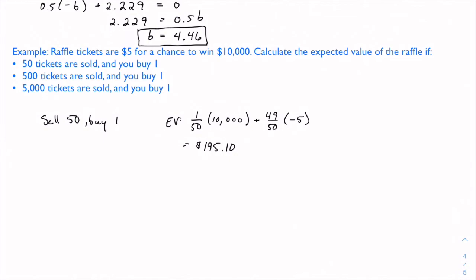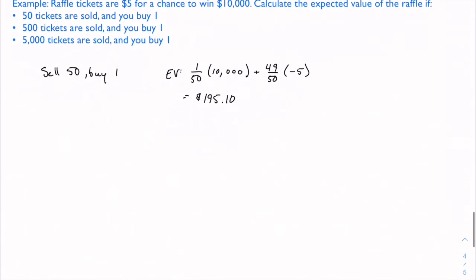This doesn't say that if you lose, you expect to still win about $200. No, that's not what that's saying. What this is saying is it's still in my favor to buy this ticket because my odds are pretty good of winning, and the risk of losing $5 is greatly outweighed by the fact that I could win $10,000 and I'm only one of 50 people that could.